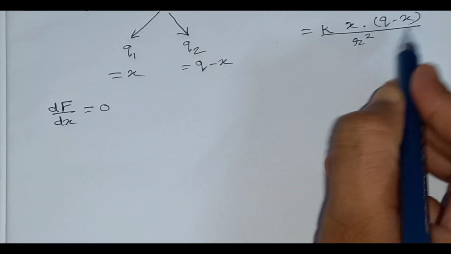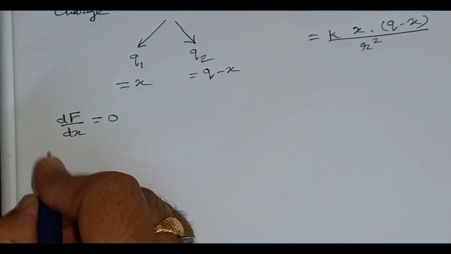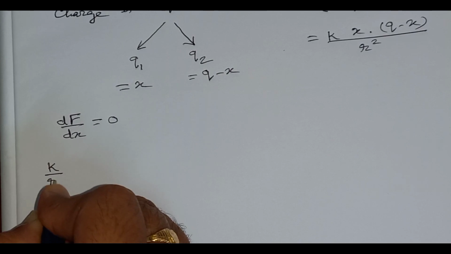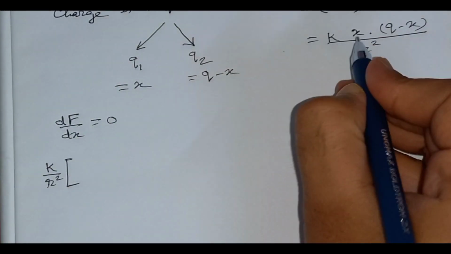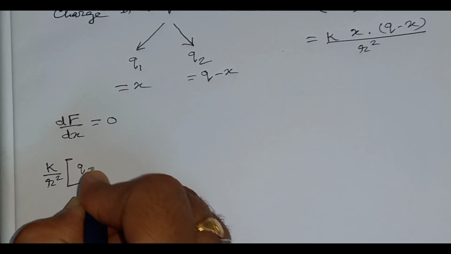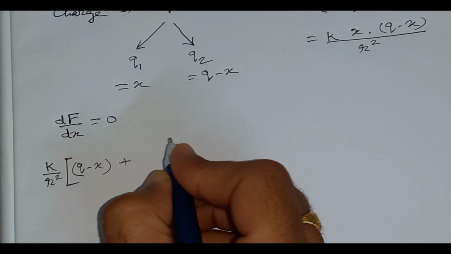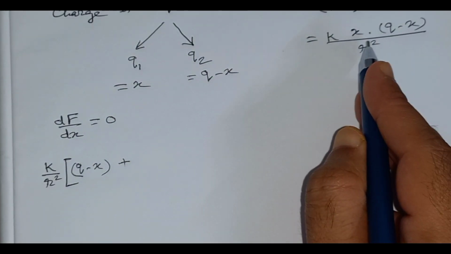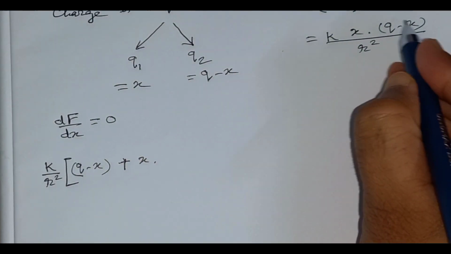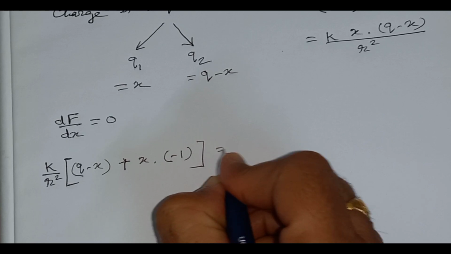So if we differentiate this part, this will be k by r square, which is constant, for this x, only q minus x, plus, for this part, x into this is minus 1, is equal to 0.